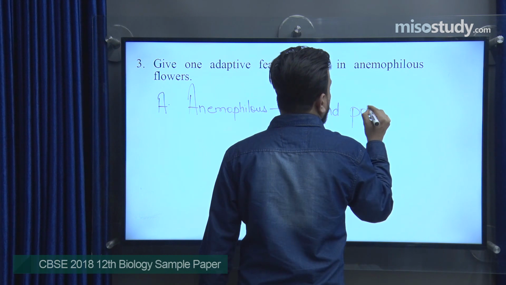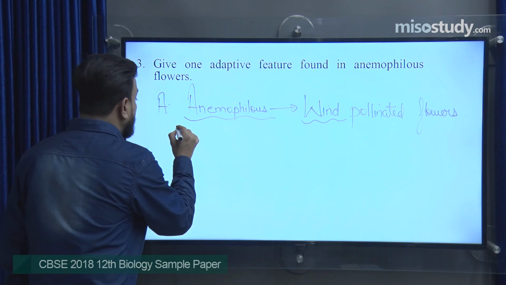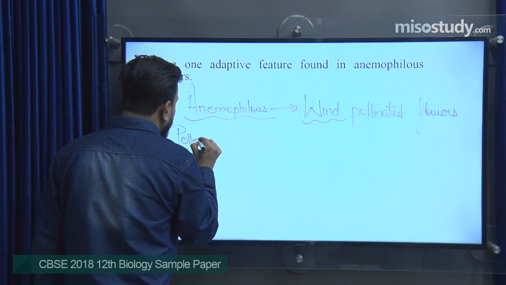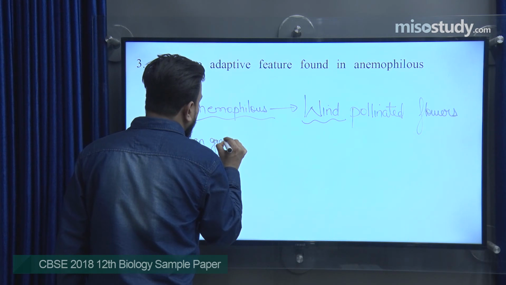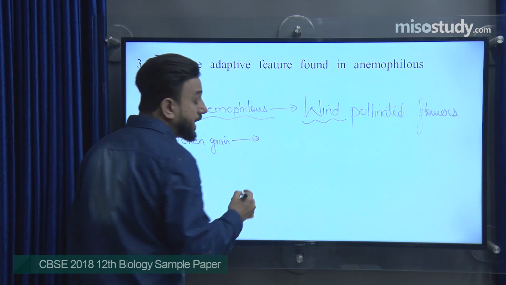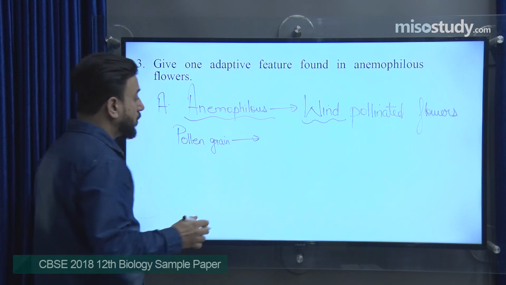Pollination is the transfer of pollen grain from the anther to the stigma of a flower. Now, since the pollen grain here has to be taken by wind, what are the features of these pollen grains? The pollen grain in these flowers should be produced in large numbers.